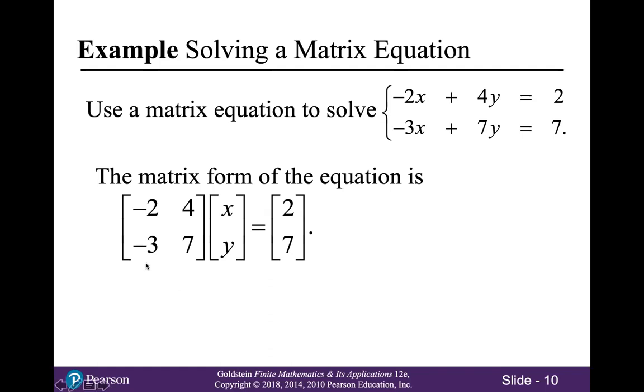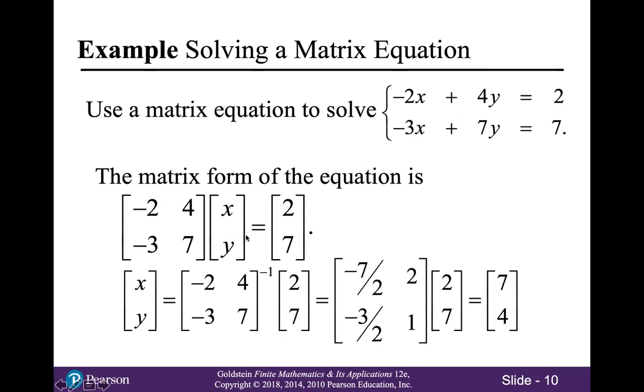Note that this matrix here is the same matrix that we already found the inverse of in a previous example. So the solution of this system will be given by A inverse times B. Here is the inverse matrix that we found in the previous example.